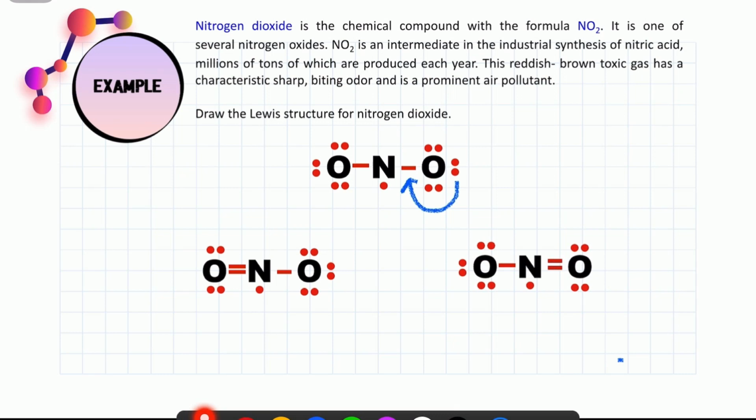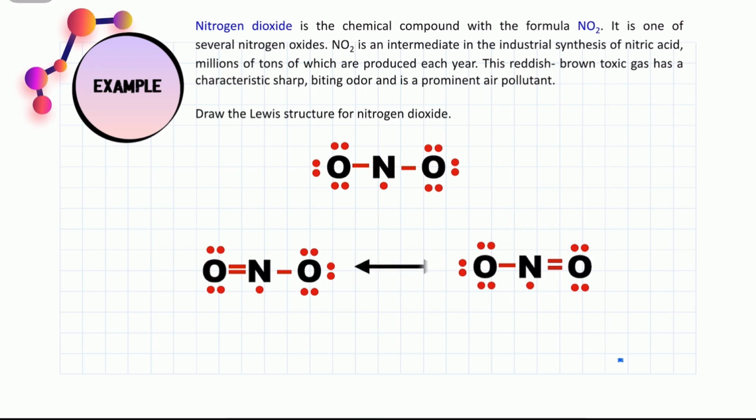And then, because the positions of the nitrogen and oxygen are the same, but the difference is the locations of the double bond, it can exist as a resonance structure. These two structures can exist as resonance structures.